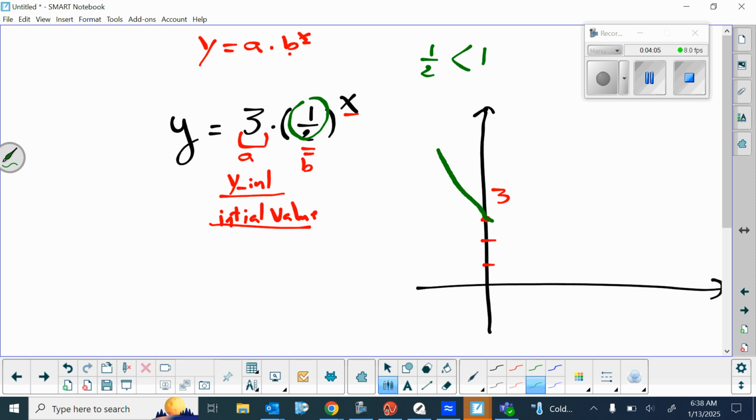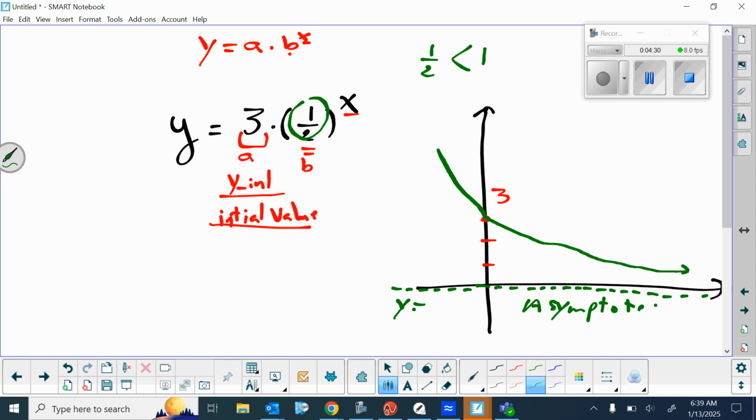So your graph is going to cross the 3, go down, and your graph will never cross the x-axis. The x-axis here is the line that your graph never crosses. We call it an asymptote. And the equation of this asymptote is y equals 0.